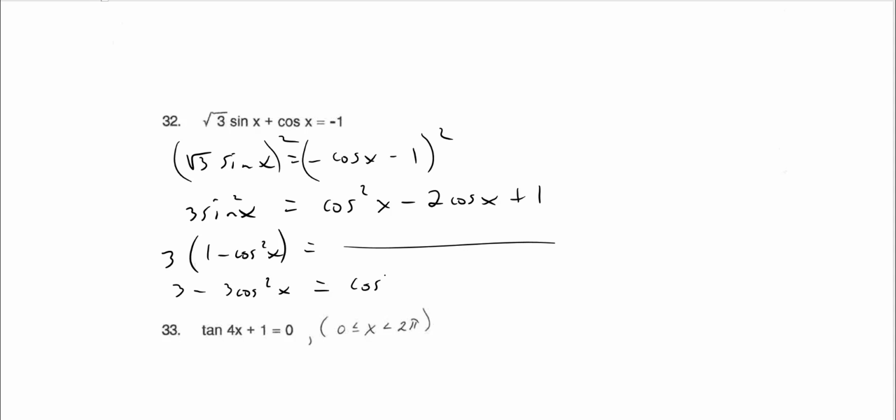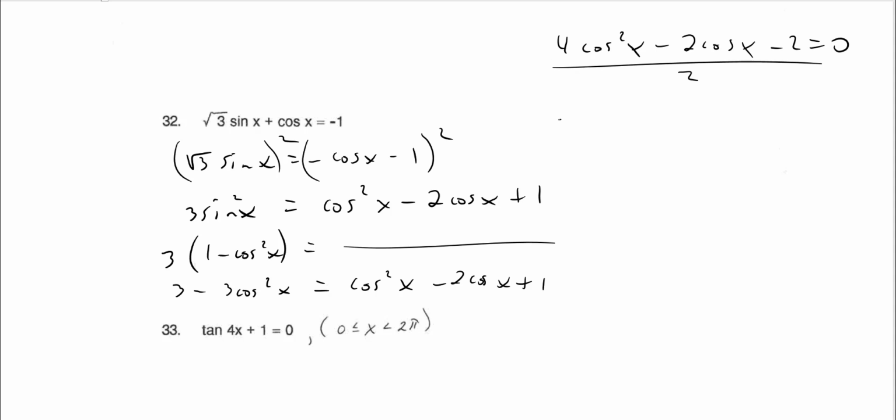So I'll write it out here again, and then I'm going to move everything over. If I add 3, I get 4 cosine squared of x minus 2 cosine of x minus 2 equals 0. And then I'm going to factor out a 2, or just divide by 2. So I get 2 cosine squared of x minus cosine of x minus 1 equals 0.